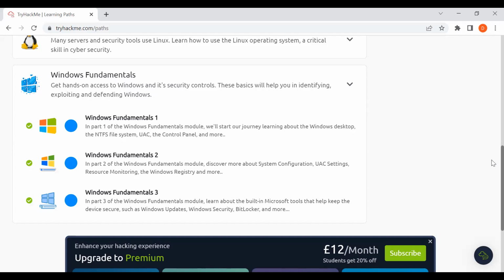So in this Windows fundamentals, we have it in detail, what you need to know about your Windows operating system, how to navigate the Windows operating system, because you are really not using it.